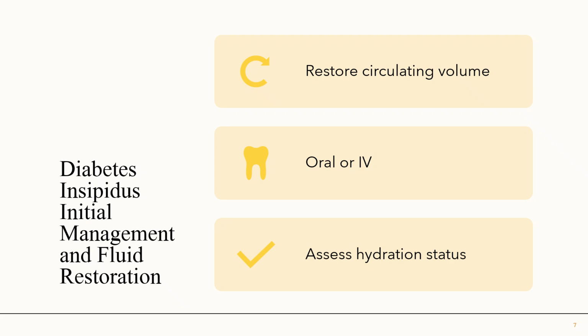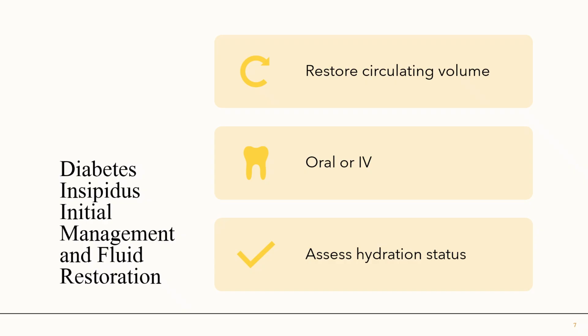Hypotonic solutions are typically used initially to replace free water losses and gradually lower the elevated serum osmolality. Fluid therapy is adjusted based on the patient's cardiovascular status. If signs of cardiovascular compromise develop, fluid intake may be restricted until urine concentration improves and normal urine output resumes.